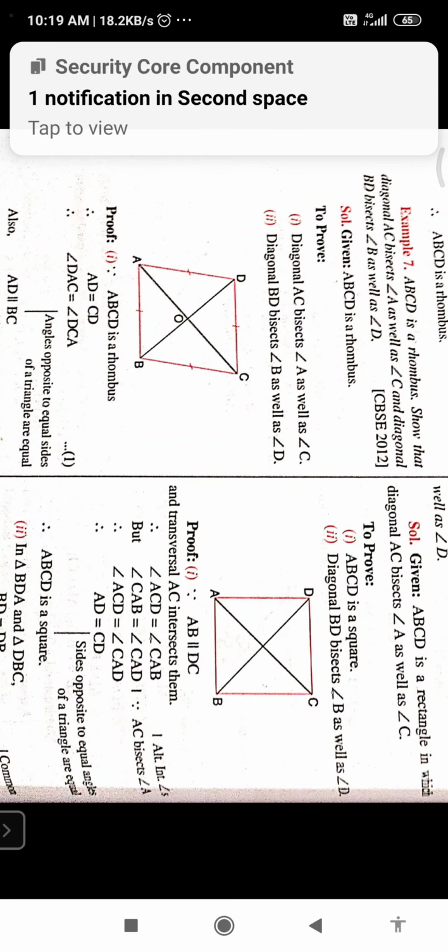Show, that means prove, that diagonal AC bisects angle A as well as angle C. Another diagonal BD bisects angle B as well as angle D. Both the diagonals bisect their vertices. That we have proved.